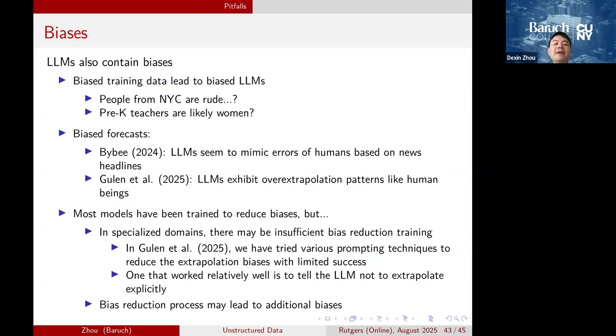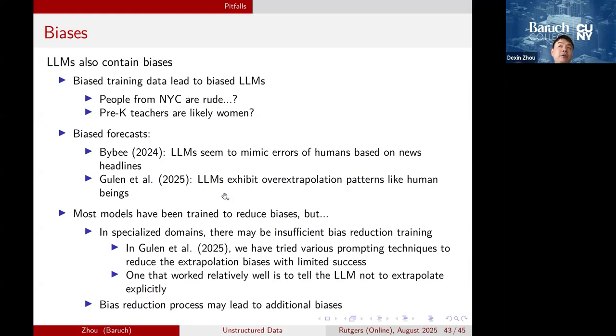There are definitely some biases that have been identified in the finance literature. One is this paper by Leland Bybee. He graduated from Yale and recently joined the University of Chicago as an assistant professor of finance. He found that large language models seem to mimic the errors of humans based on news headlines. We also have a paper, co-authored with Hussein Gulen, Shuayu Chen, and Clifton Green, where we exhibit extrapolation patterns.